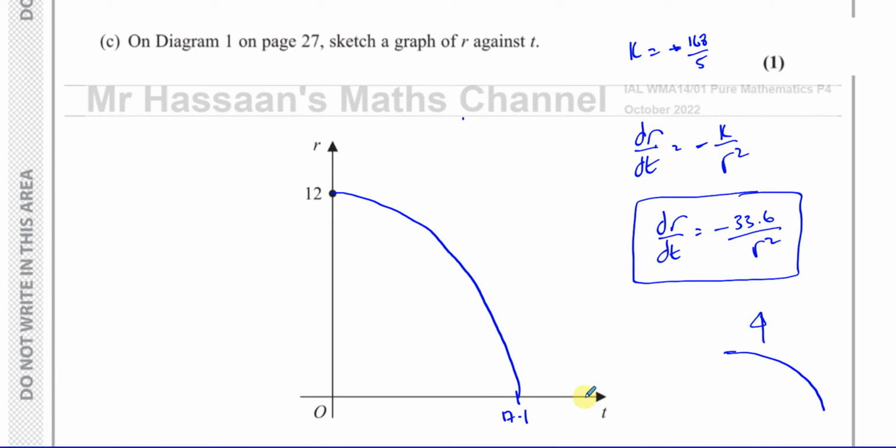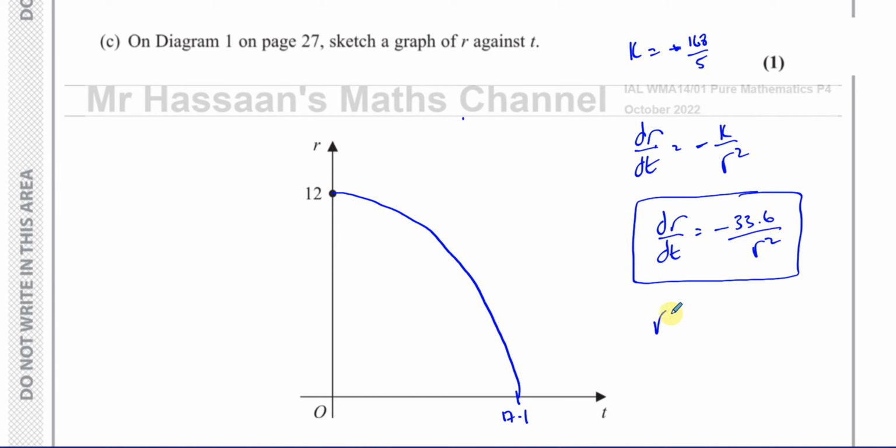It's going to look something like this, because as r decreases, because the radius is getting less, the magnitude of dr dt is going to increase. It's going to get more and more steep.